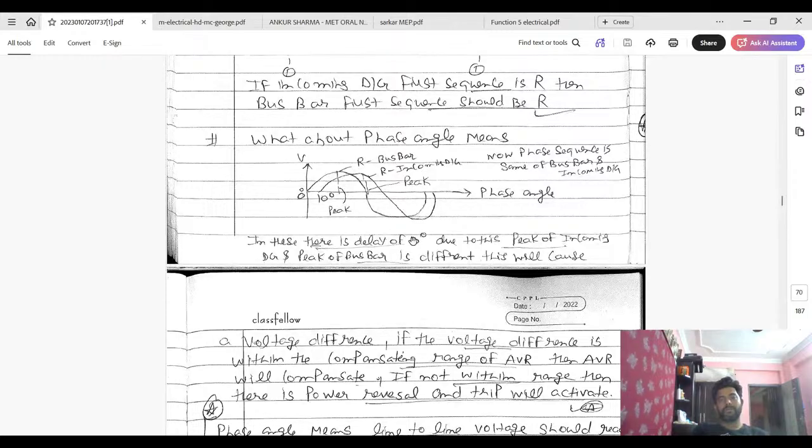Normally, if we are starting the generator in auto mode, when we press auto, the breaker will close at 12 o'clock, which symbolizes the phase angle is same. Phase is same.